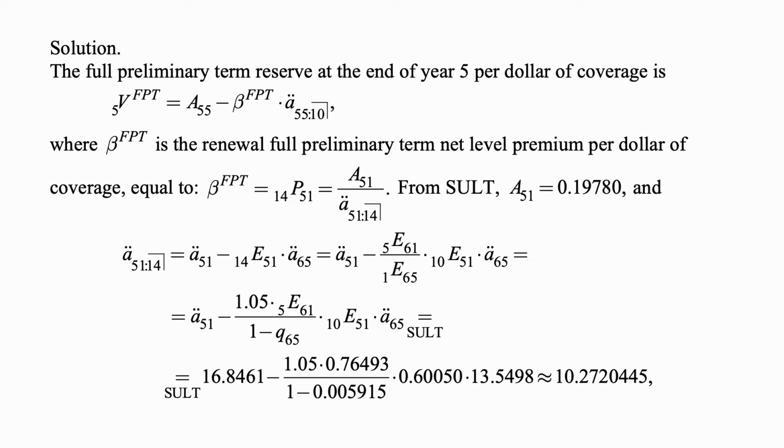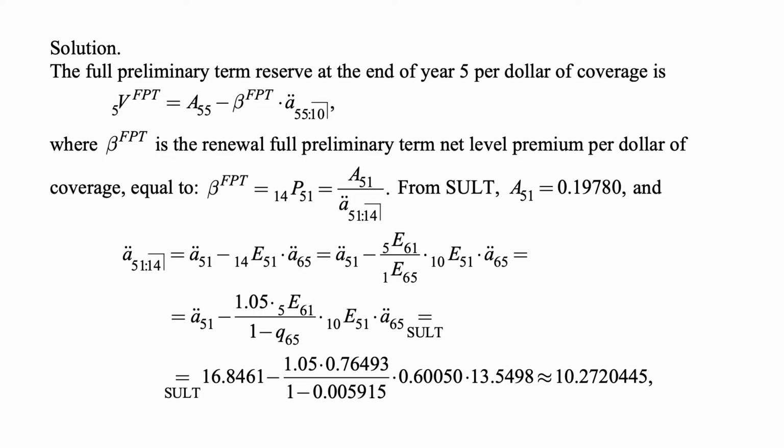And that beta FPT is the premium for life insurance at age 51 for the same term of coverage, so that's 14P51, which is A51 divided by A51 angle 14.